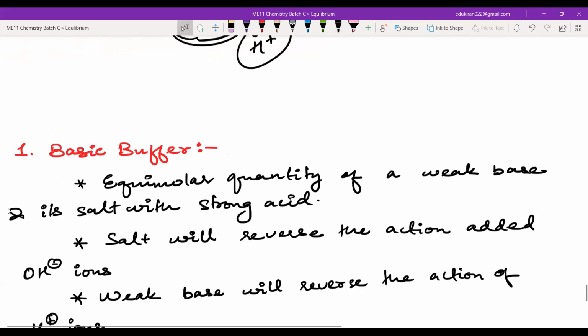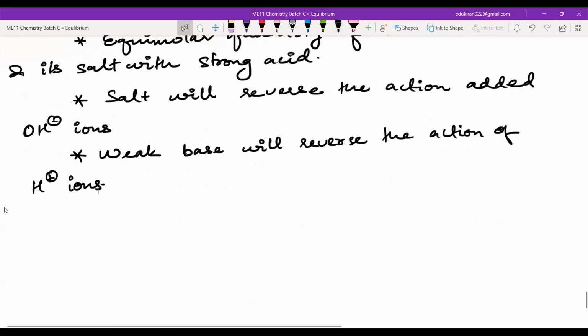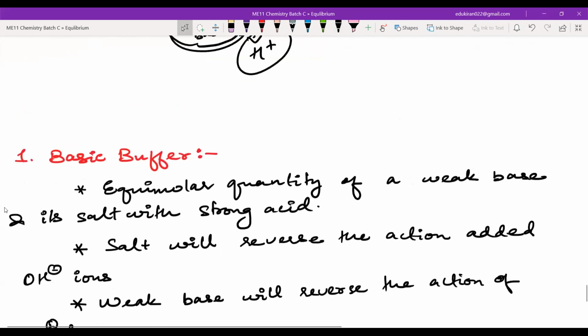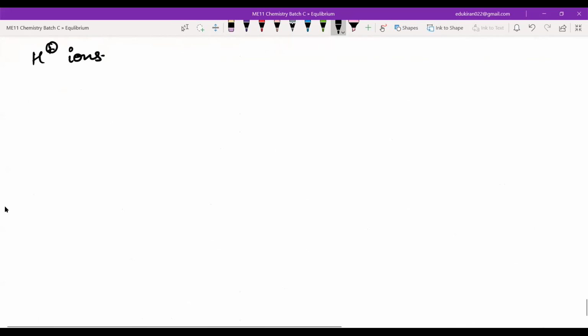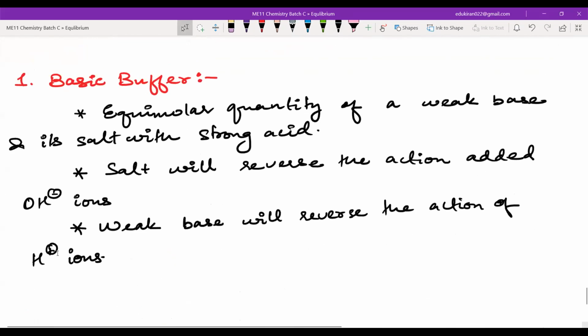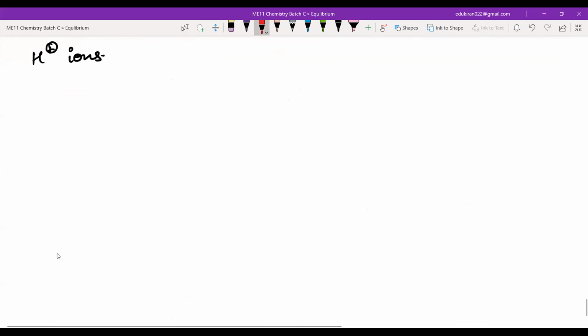Right, next, should we do an example? So if you understand it, that is fine. You'll get some questions, maybe what is a buffer and all, not much more than that. So basic buffer, then you have acidic buffer.